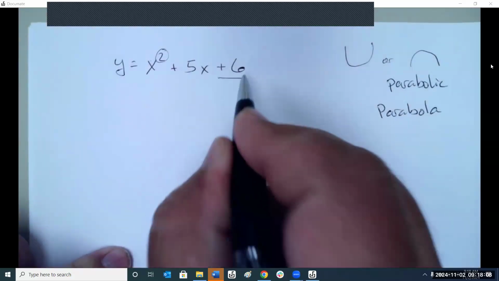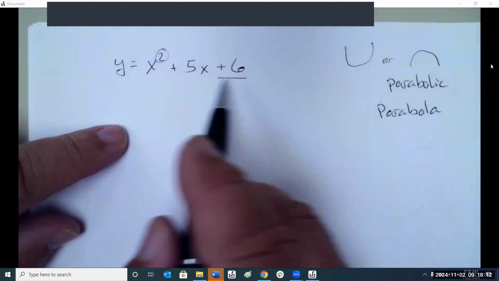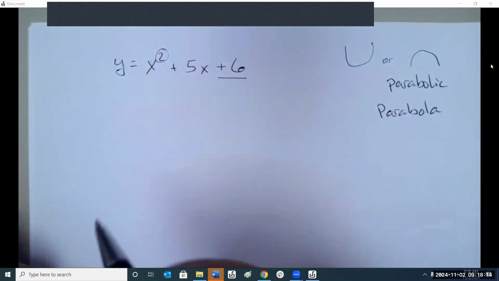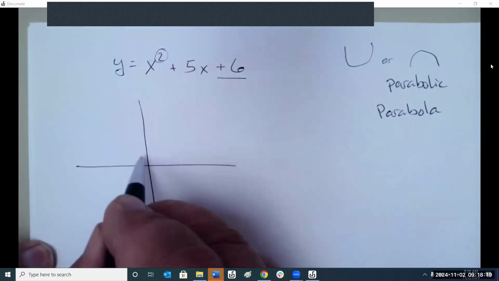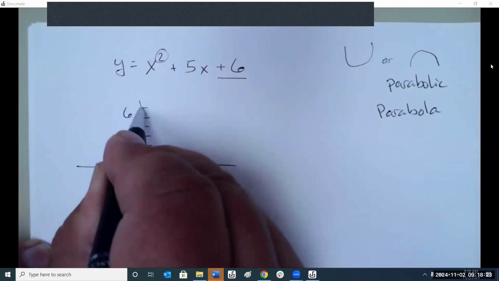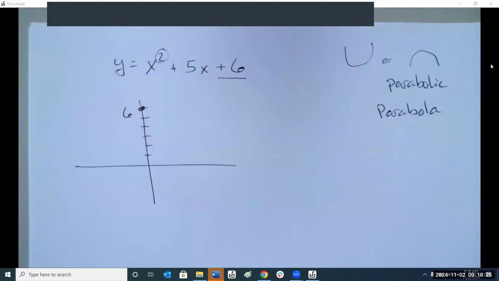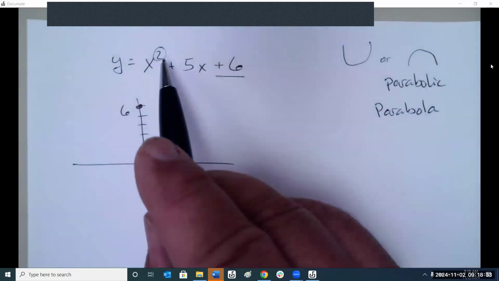What does this number tell us? The y-intercept. The constant is always the y-intercept. So we know that there's a dot right there. That's all we know so far. We know the shape of it. We know it's a parabola.